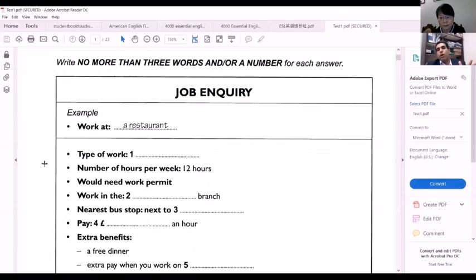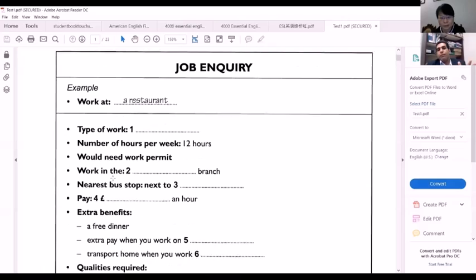So number 1 has been done for you. Now we want to take a look at question number 1 to number 5, okay? So Ellen, can you tell me in question number 1 quickly, what are you supposed to write? It's about the type of work, yes? Yeah. Question number 2, you see we have here, work in the what branch?